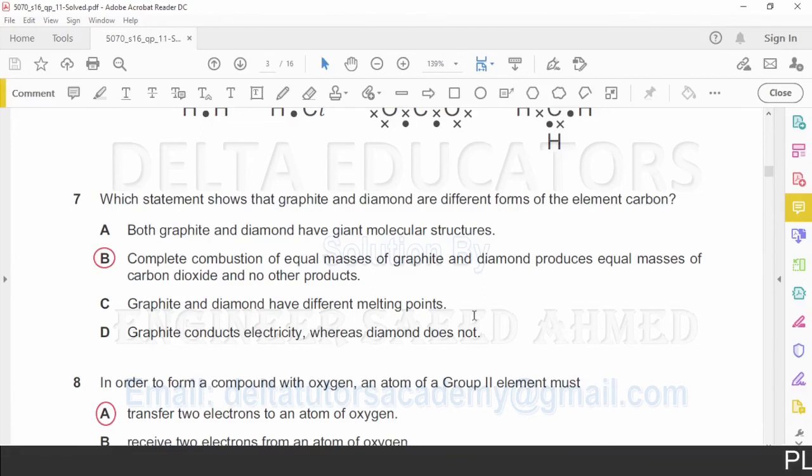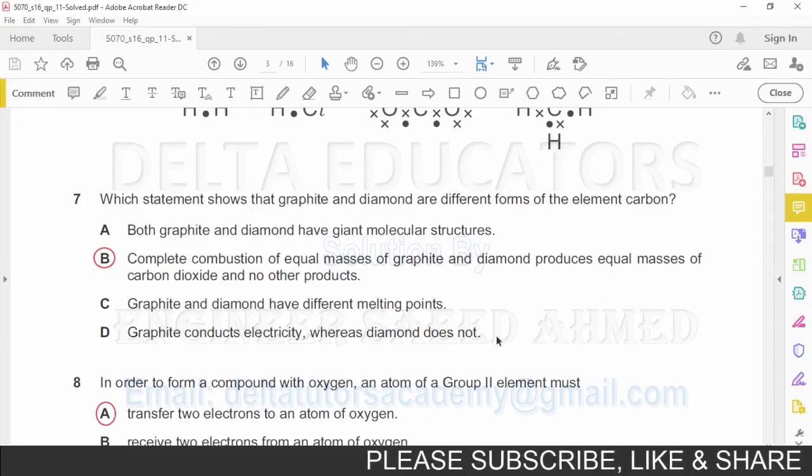Yes, it is also correct, but this statement also describes the physical property, not the chemical property. Option D, graphite conducts electricity whereas diamond does not. Yes, it is also correct, but this statement also does not explain the chemical characteristic of carbon. So option D is also incorrect option. Here correct option is option B.